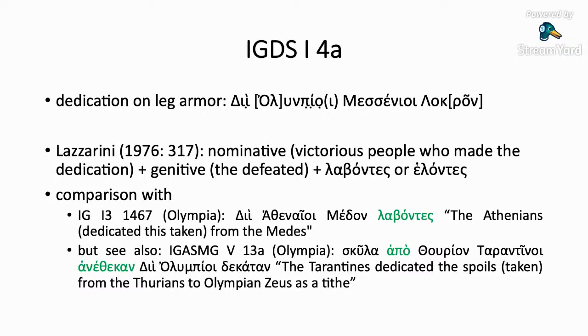And then there are also variants of this formula with sometimes labontes and sometimes helontes. And so if you are annotating an inscription in which the participle is missing, you have to decide which of these two possibilities you have to choose.